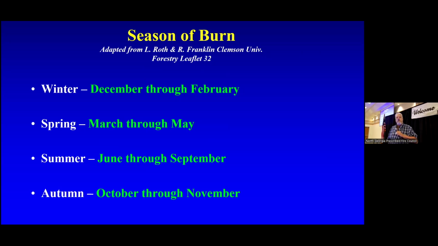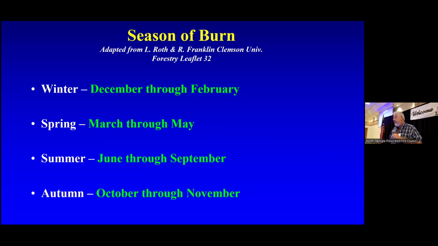Now, season of burn, there are reasons to do some burning pretty much any time during the year. And how we define the difference between winter and summer burns, or dormant and growing season burns, in South Georgia versus North Georgia, there's going to be a month or two difference in where we're putting those terms on those particular days or months of the year that we actually do those burns.